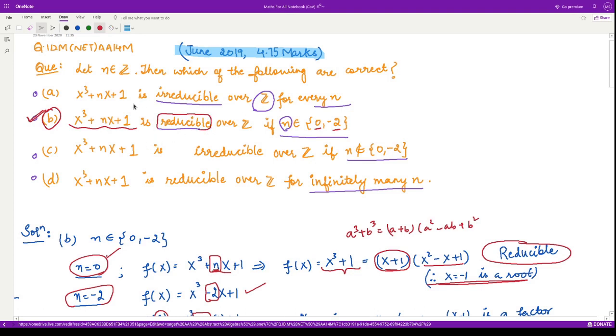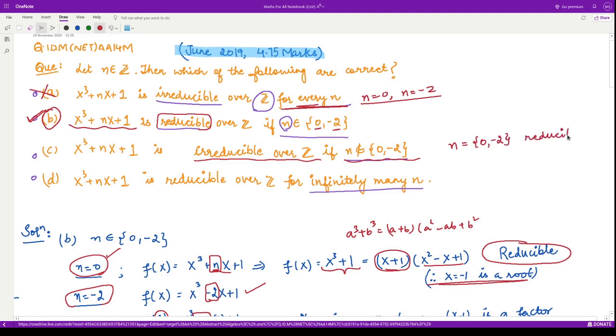Now look at option number 1. It says that the same polynomial is irreducible over Z for every n. Now this is not true because we have just seen that for n is equal to 0 and for n is equal to minus 2, our polynomial is reducible. Therefore this option is incorrect. Now for the third option, they are saying this polynomial is irreducible over Z if n does not belong to this set. We have verified that whenever n is equal to 0 or minus 2, our polynomial is reducible.